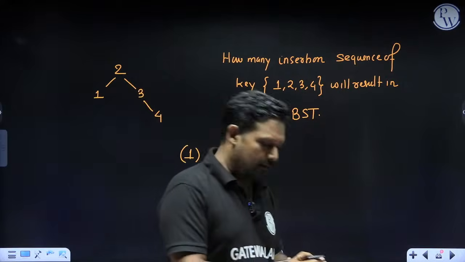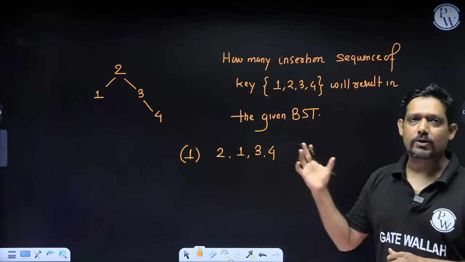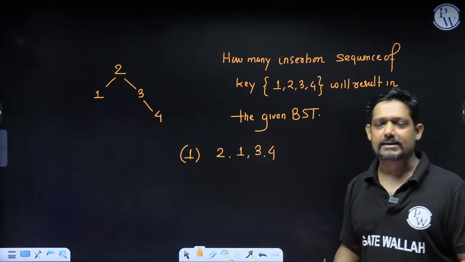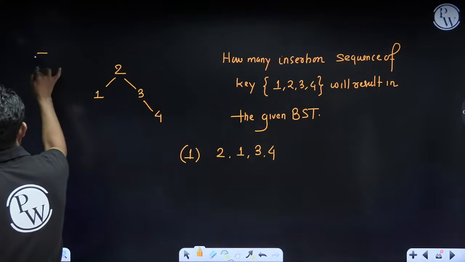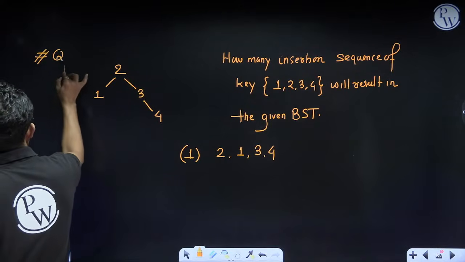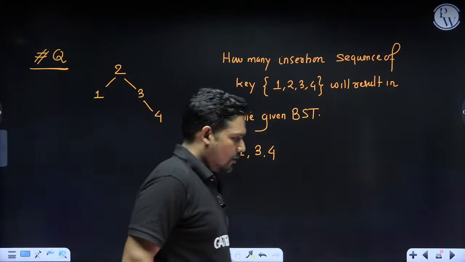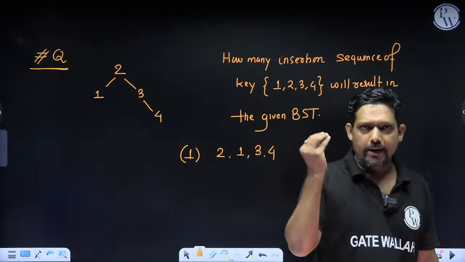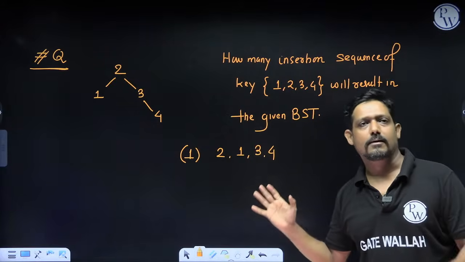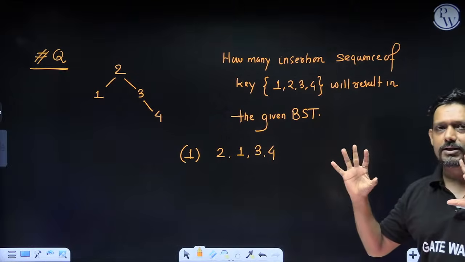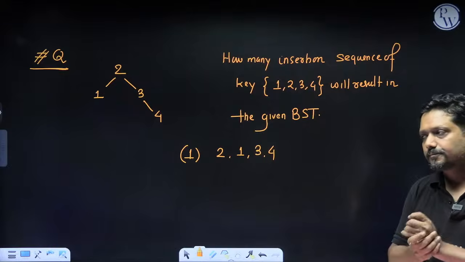Now tell me how many ways I can have an insertion sequence that will result in this simple binary search tree. Are you getting my question? What is the insertion sequence and how many such sequences are possible?